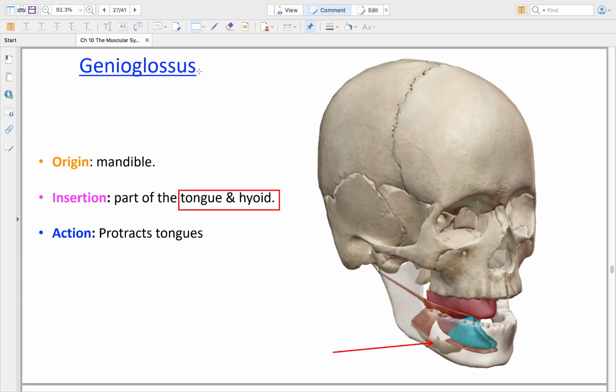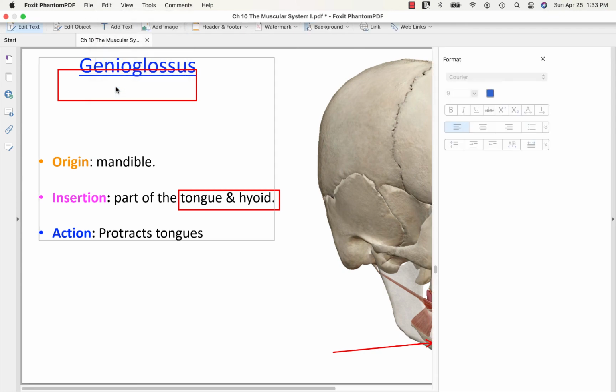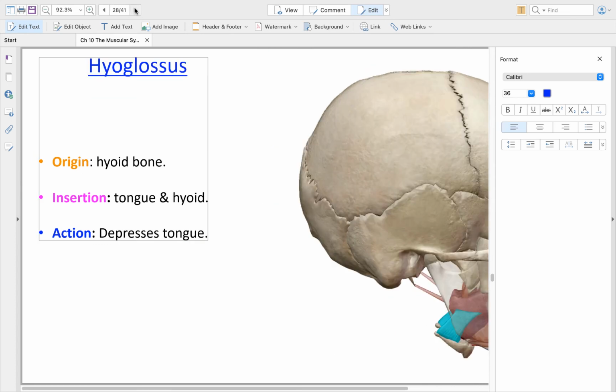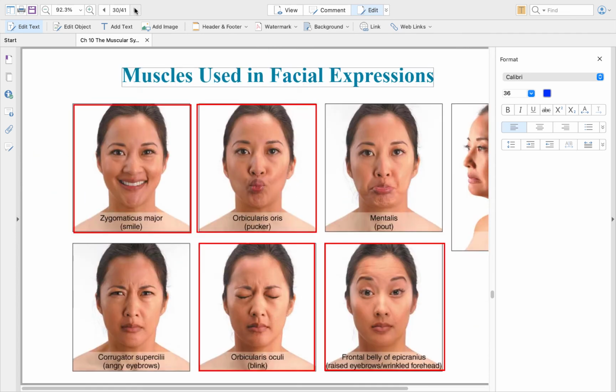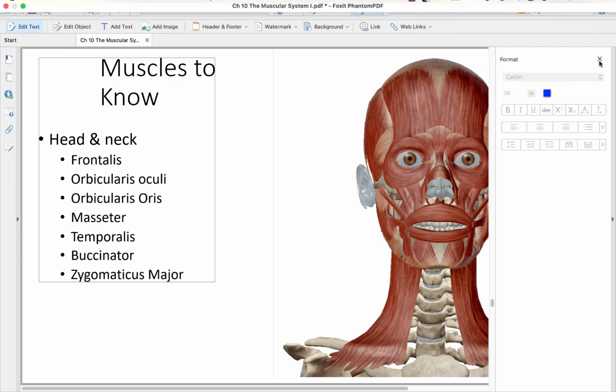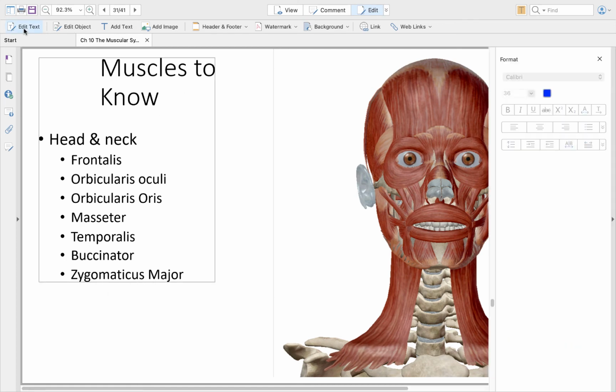Let's see. I wonder if I could just... Yeah. Let me see if I could just add these to the list really quick. Otherwise, you guys can just add them yourself. Okay, it's just not working. Oh, it is.